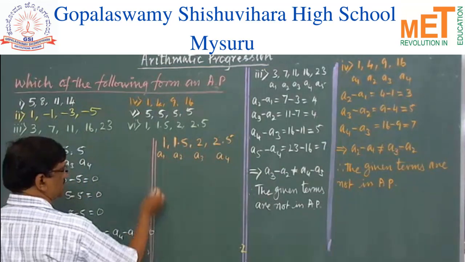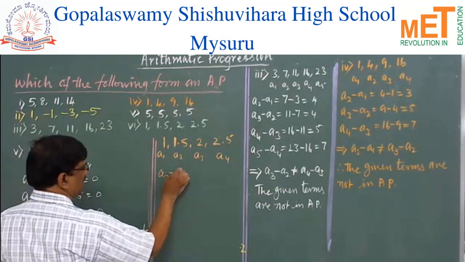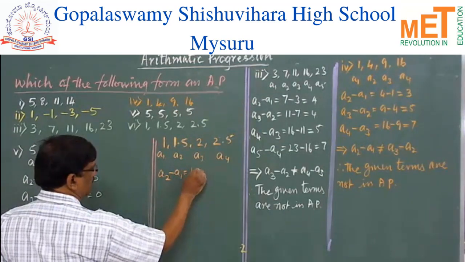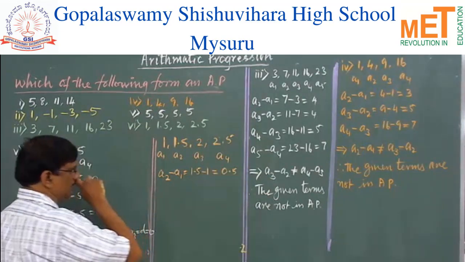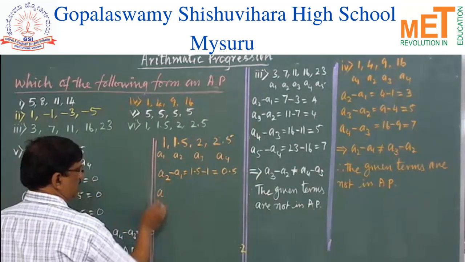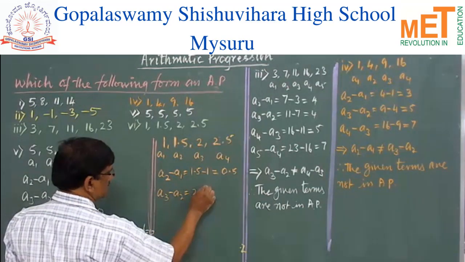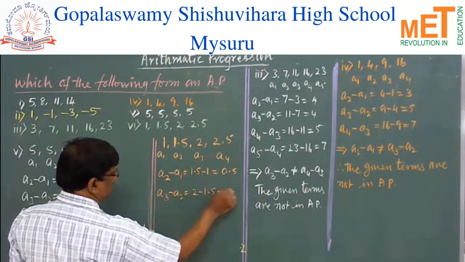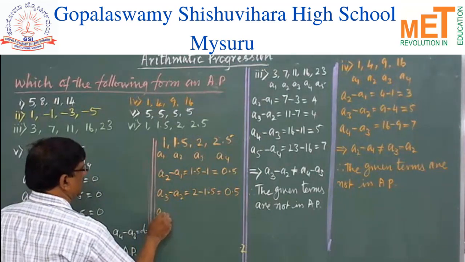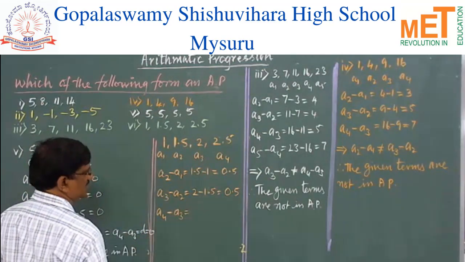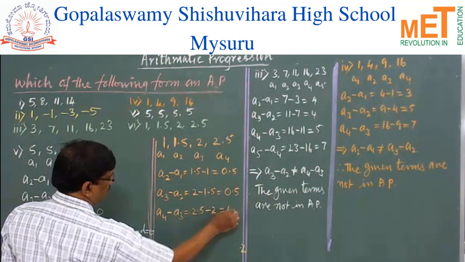Look at this, children, here. To find out the common difference, A2 minus A1 is equal to 1.5 minus 1 is equal to 0.5, isn't it? Similarly, A3 minus A2 is equal to 2 minus 1.5 is equal to 0.5. Similarly, A4 minus A3 is equal to 2.5 minus 2 is equal to 0.5.